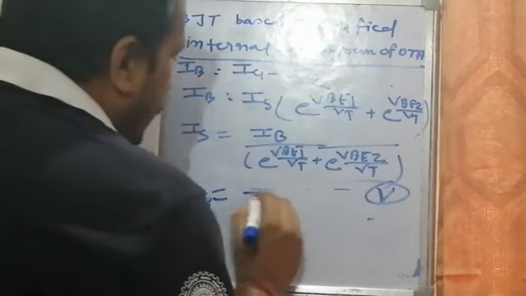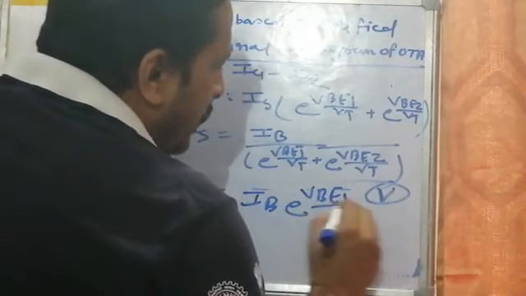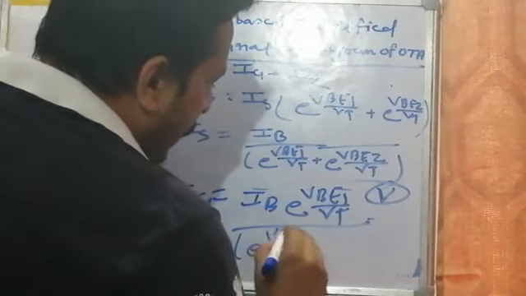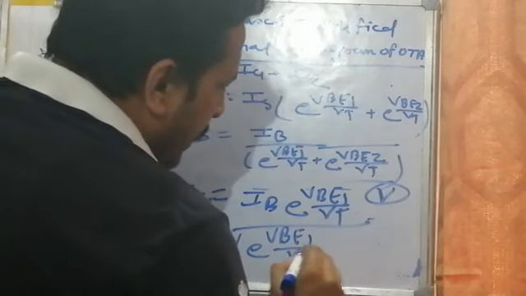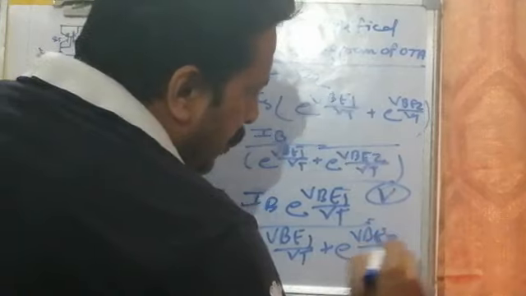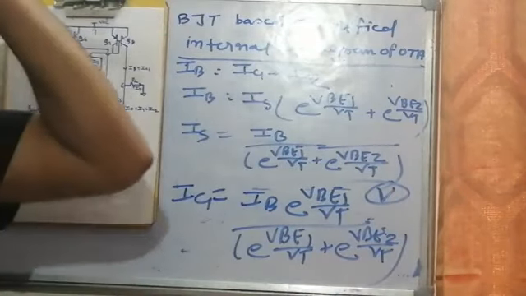So IC1 is equal to IB e to the power VBE1 by VT divided by e to the power VBE1 by VT plus e to the power VBE2 by VT. And in the same way we can find the value of IC2.